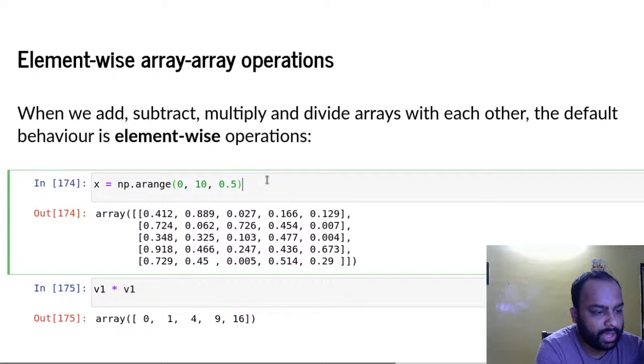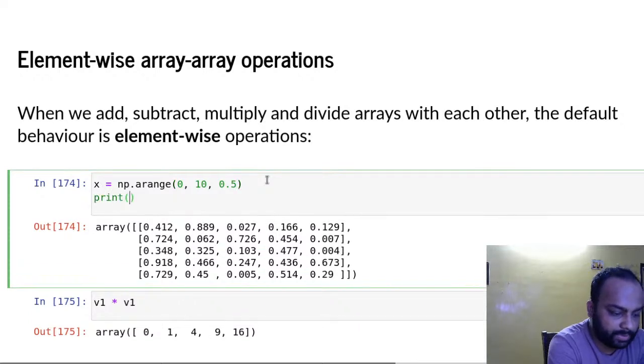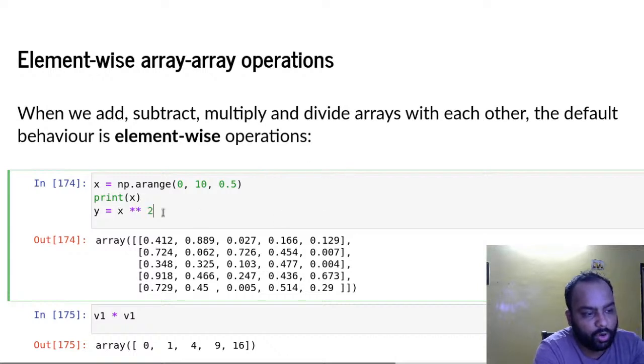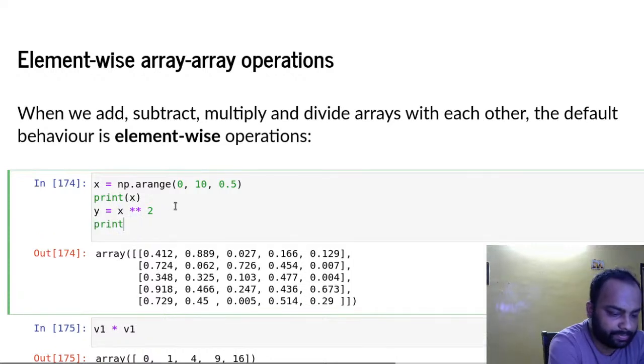Let's print X, and then I'm creating another array Y, which is X square. You know what X square is. The symbol for square is double star. Let's print Y.